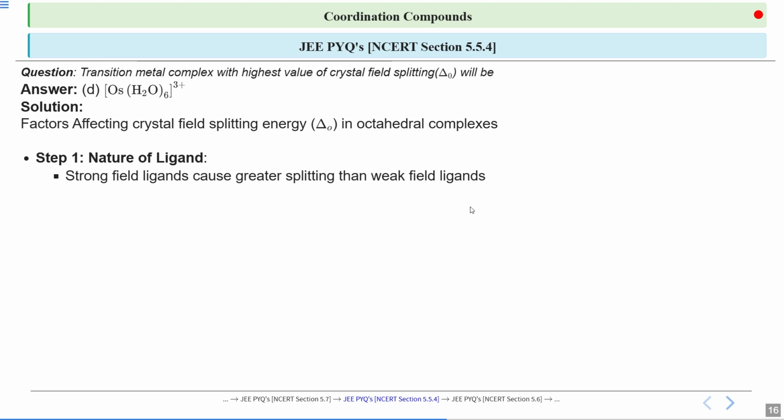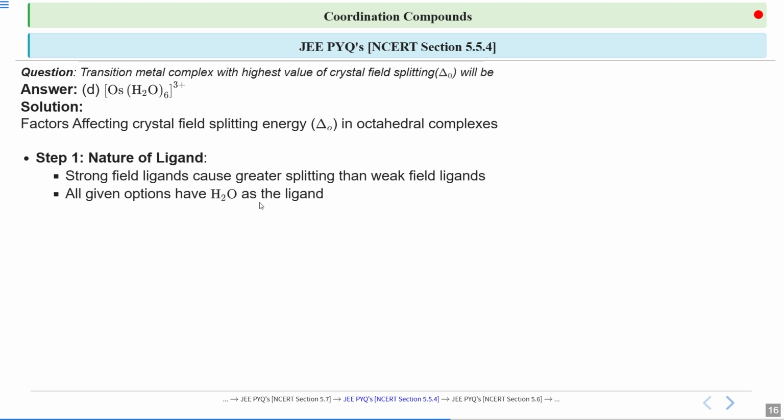Ligand field strength is very important because it tells us how well a ligand interacts with the metal ion to split the energy of the d orbitals of the metal. Strong field ligands cause a larger energy gap between the split d orbitals, so they cause greater splitting than weak field ligands.